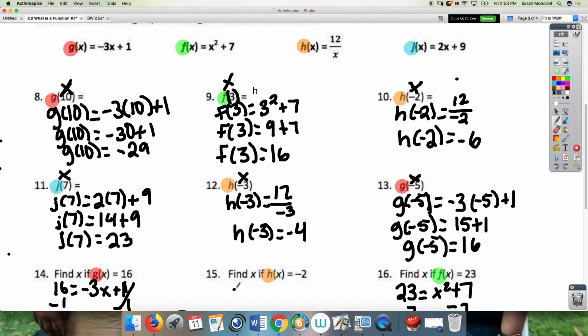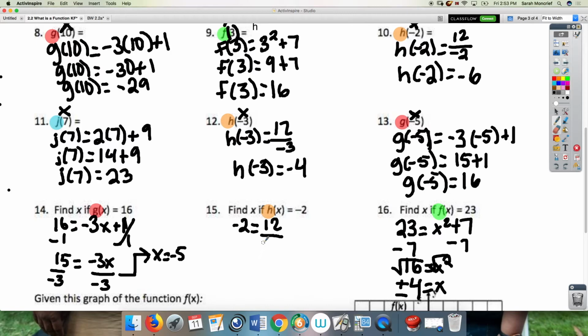So we will have negative 2 is equal to 12 over x, because we're not replacing x. Now, I need to solve this, but this one looks a little different than everyone else I've seen, right? You want to put 12 over x because we're not replacing x.